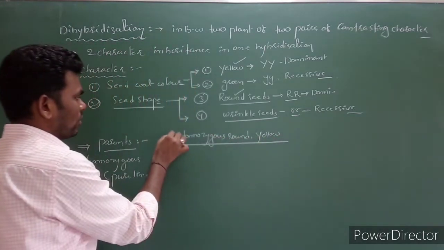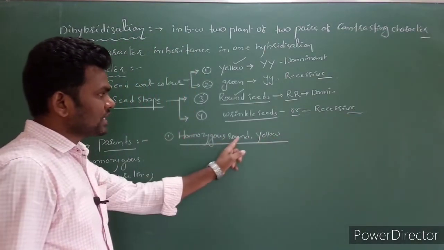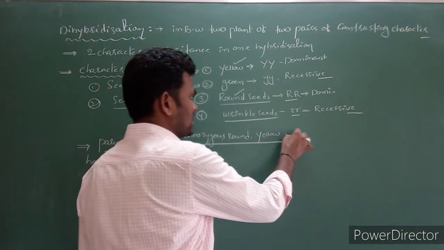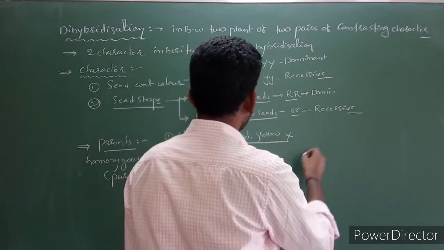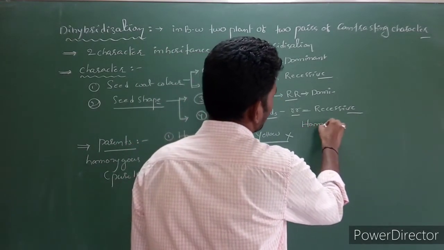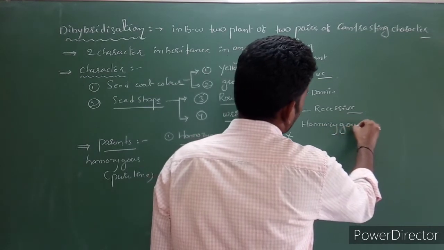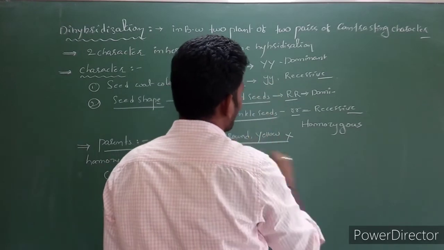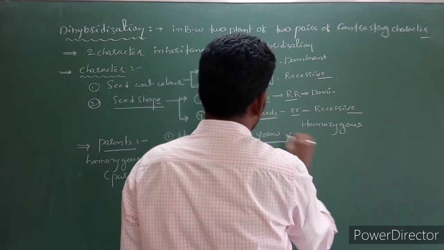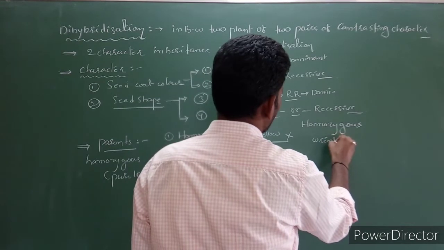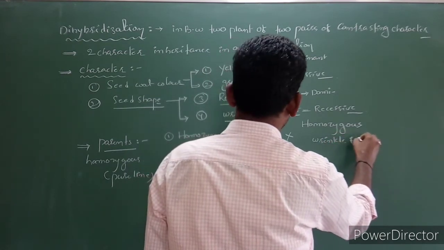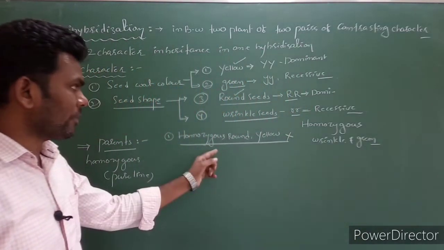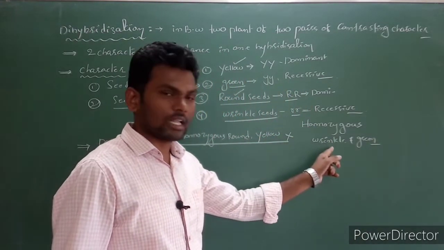This is the homozygous dominant character we choose. Such a plant is crossed with which one? Again homozygous. Homozygous recessive characters are green and wrinkled. So this is the homozygous dominant character and the homozygous recessive character.